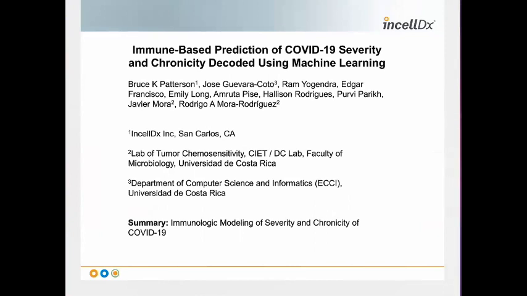Our paper, Immune-Based Prediction of COVID-19 Severity and Chronicity Decoded Using Machine Learning, was a paper that we wrote in the middle of last fall.